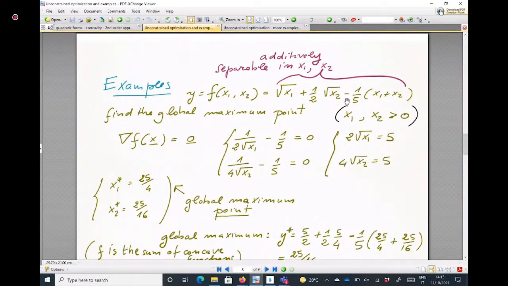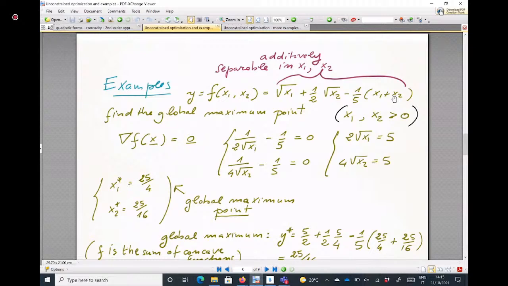Preliminarily, we want to check that this is a concave function. Sum of, okay, so this is square root of x1, a concave function of x1, because the square root is one of the most elementary types of one variable concave functions. 1/2 square root of x2 is a concave function of x2, and these are two linear functions of x1 and x2.